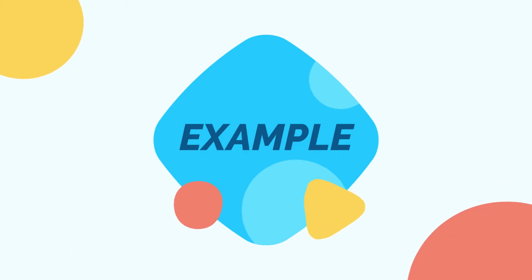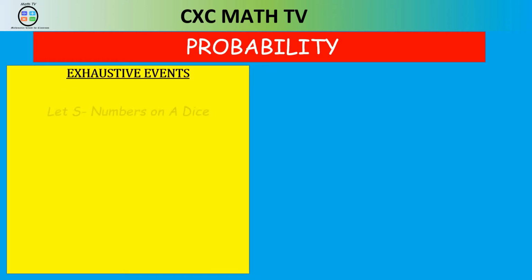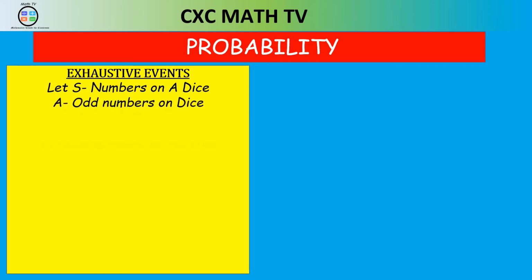Alright, so let S be the numbers on a dice, and let A be odd numbers on the dice, and B be even numbers on the dice. And so the sample space S is going to be the numbers 1, 2, 3, 4, 5, and 6.